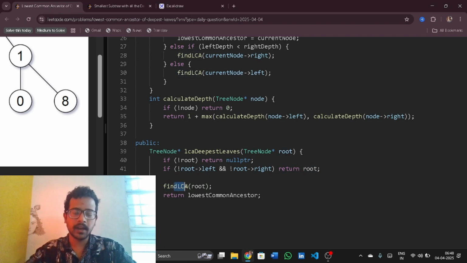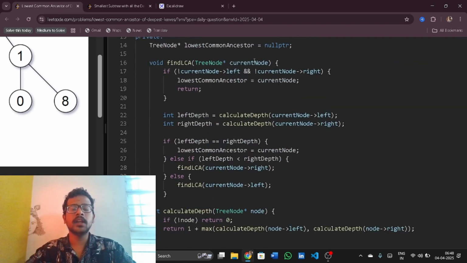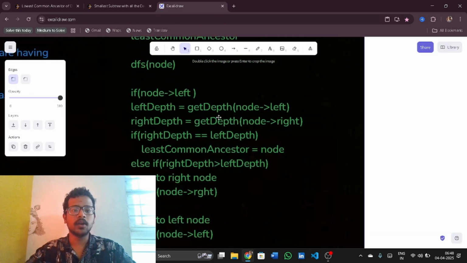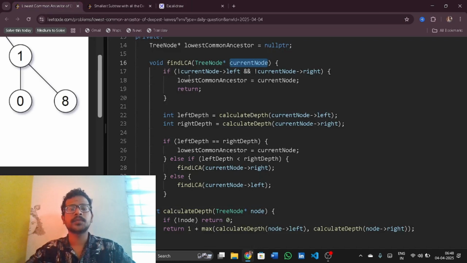This is something like a DFS traversal. Find LCA of root. Here this is the current node. Here I said it as node, DFS of node. Now if there is no left and no right, the lowest common ancestor will be the current node, and I'll return at that point itself.